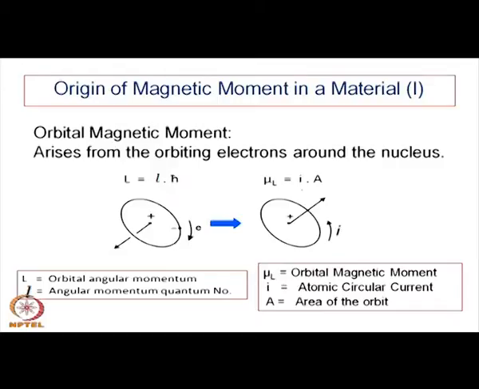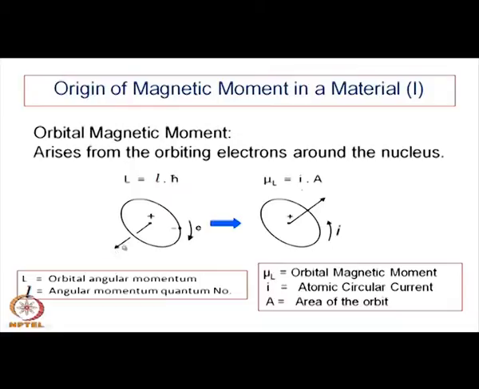As I have mentioned, since current is flowing around the nucleus, or the electrons are moving in a circular path, it is equivalent to a flow of current. So, if you have an orbit, that gives rise to some magnetic field or magnetic dipole moment.